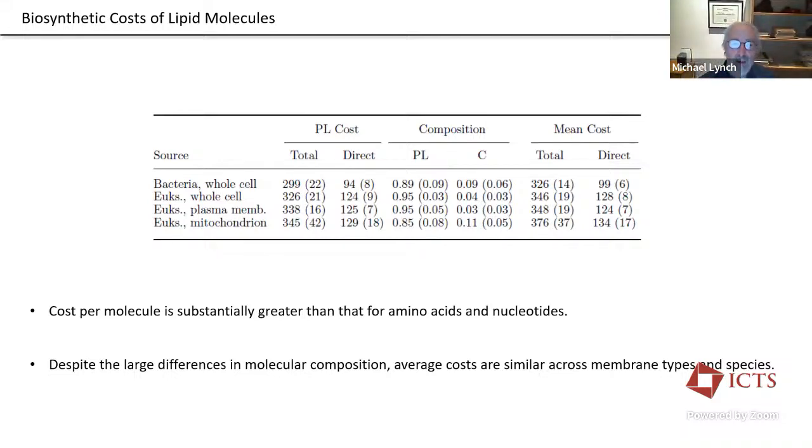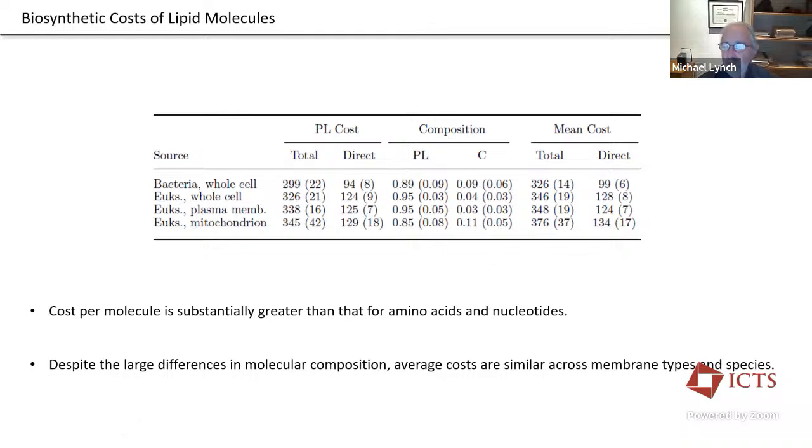lipid molecules in membranes. I'm not going to go through the details, but I've already pointed out that lipid molecules are much more expensive than amino acids or proteins. So these are just some censuses. There are some species where you have a complete survey of all the different flavors of lipid molecules in the membranes throughout the cell.